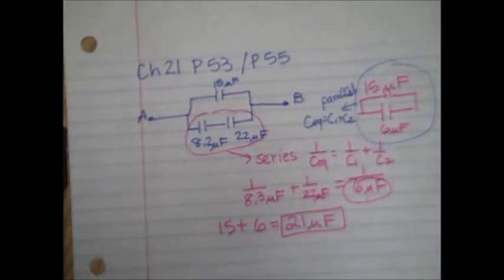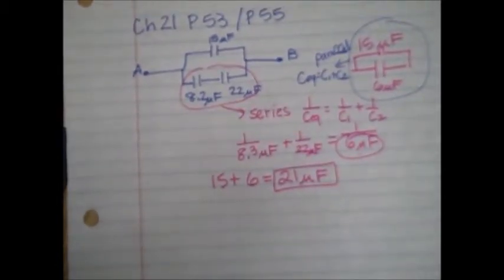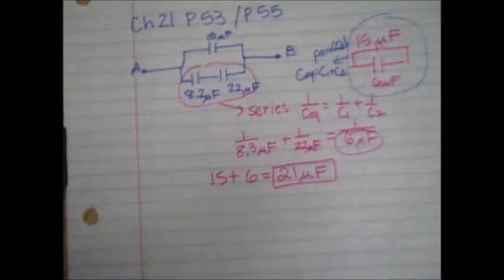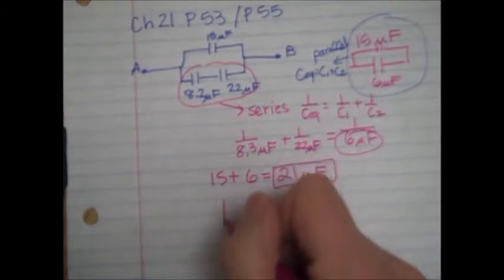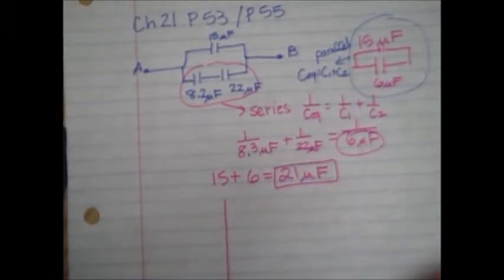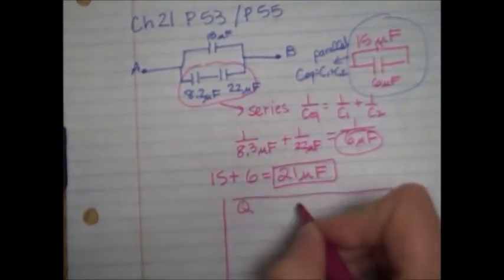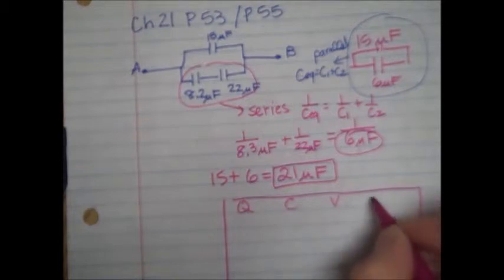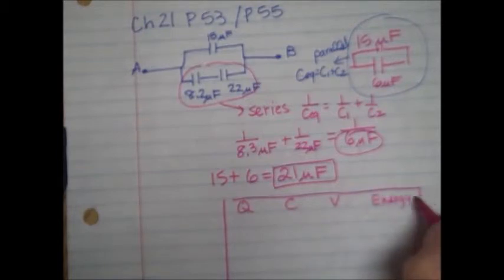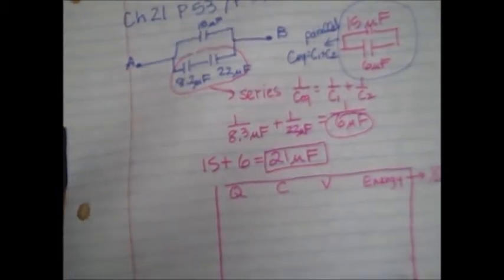And then in problem 55, they ask us to find the energy stored in each of these capacitors. What I like to do is set up a chart, and we could do our Q, C, V, and then we could even do a spot for the energy stored. Remember, the energy stored in the capacitor would be 1/2 QV.